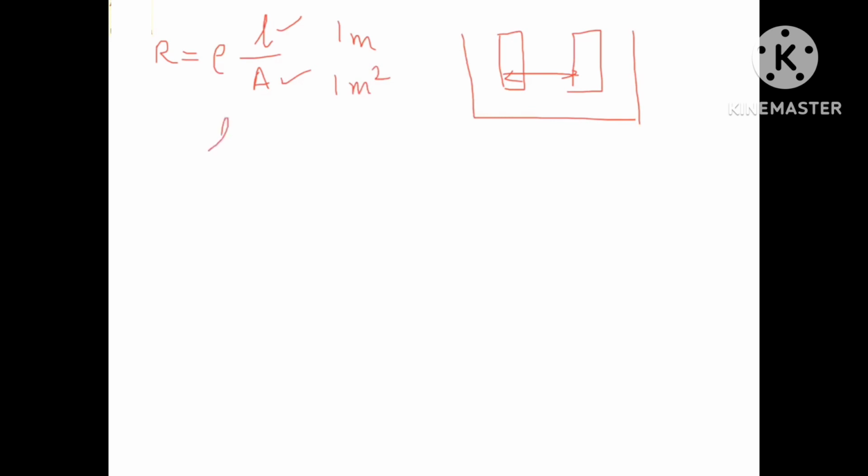So we have to account for the expression L upon A, which we call as the cell constant denoted by G star. Can you determine its unit? Meter divided by meter square, which is per meter or also per centimeter.